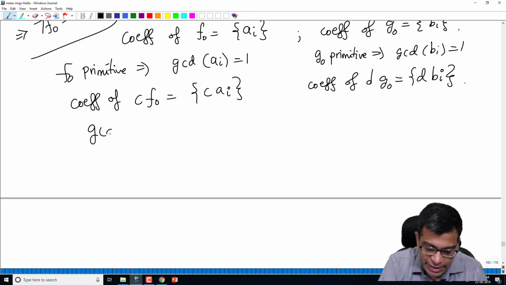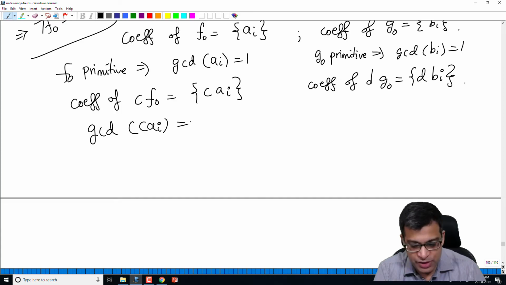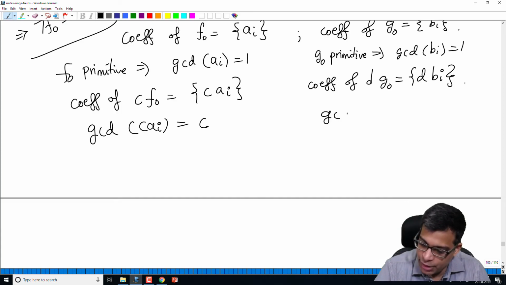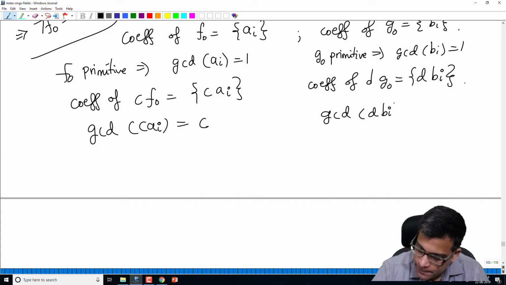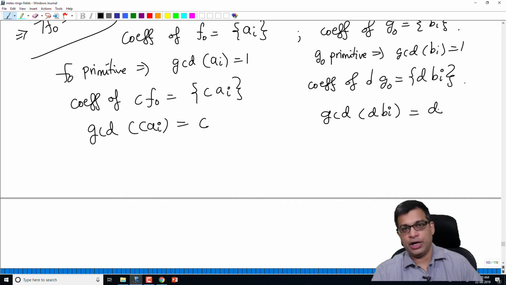So two things to say now. What is the GCD of C ai? GCD of ai is 1, so the GCD of C ai is C. GCD of D bi is D. So you have a bunch of integers which are coprime to each other. That means the GCD is 1.